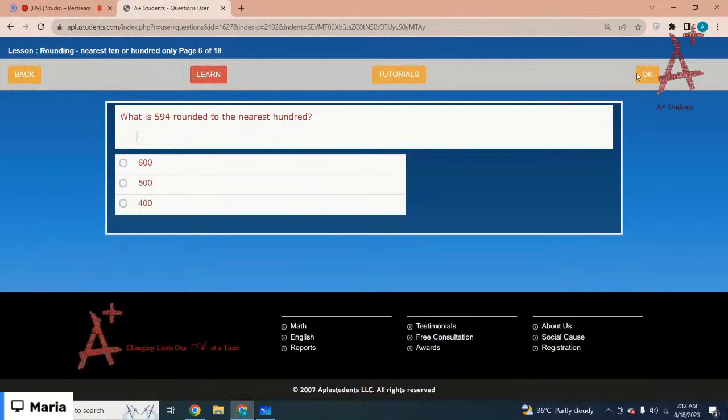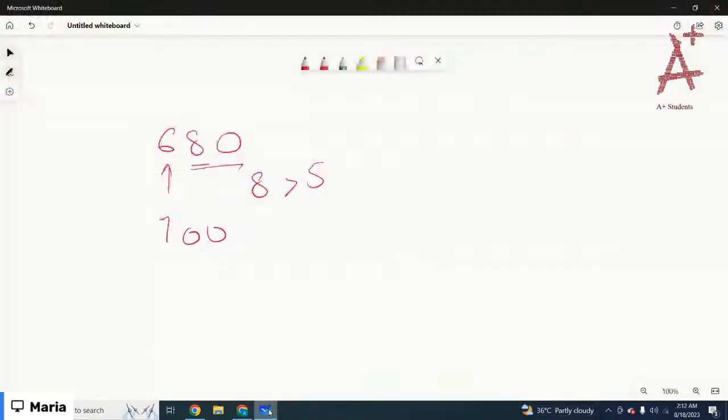What is 549 rounded to the nearest 100? So you have to round off 549, right? 549. So the digit that is at the hundreds position is 5. If you already know the answers, you can please write down the answers in the chat box. On the right hand side you have 4. 4 is less than 5, right? That means you have to round on the same 100, just replace the other two digits with 0.